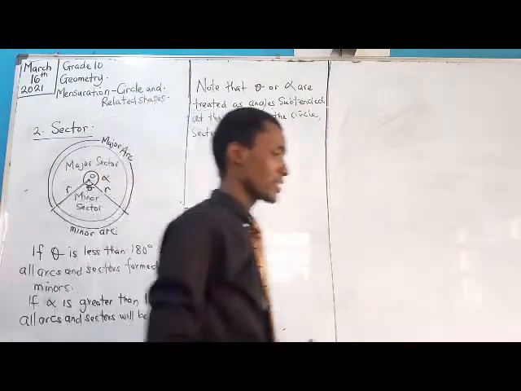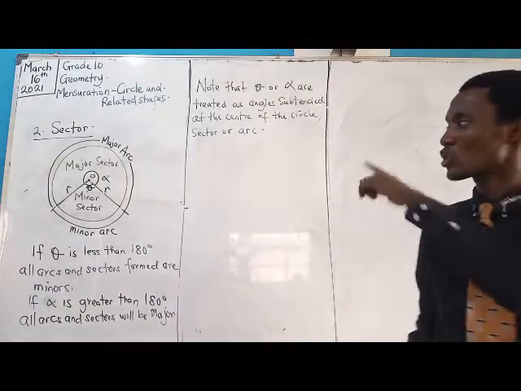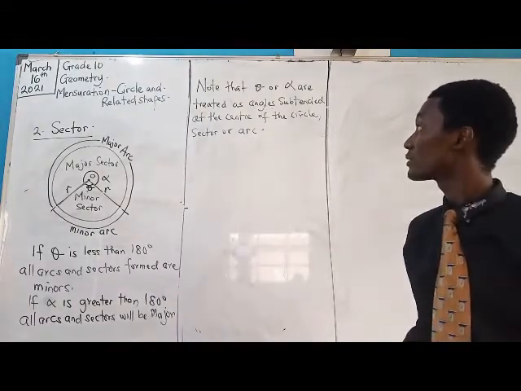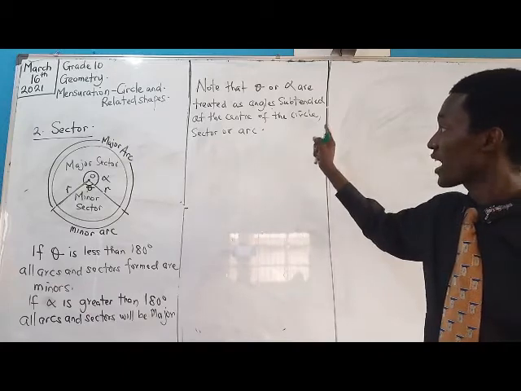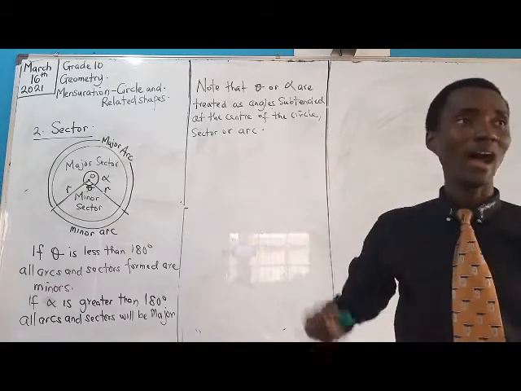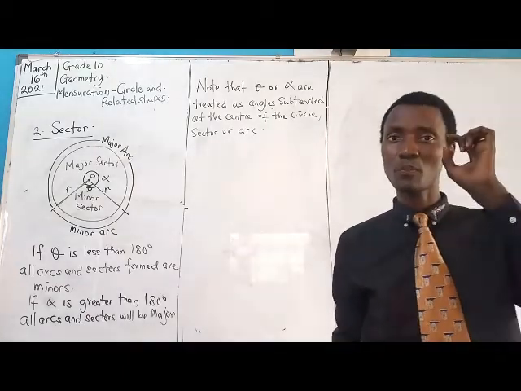Take note of that. Theta refers to the angle subtended at the center of the circle, sector or arc. Take note of that. That definition is so important.